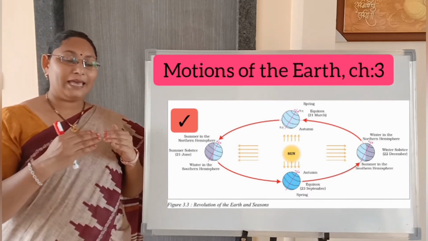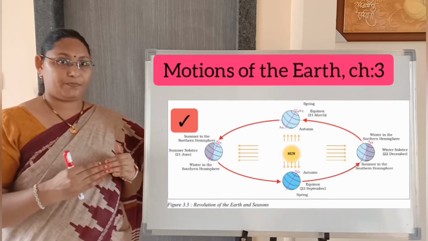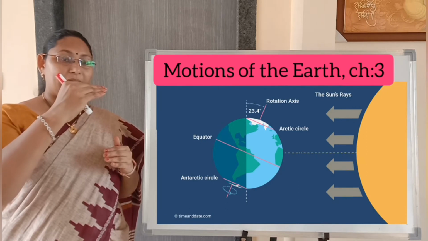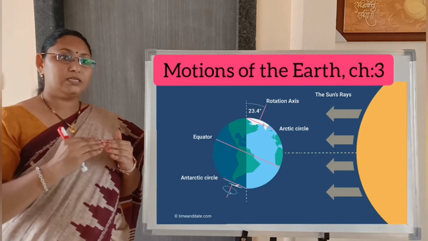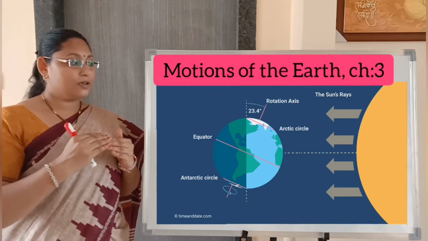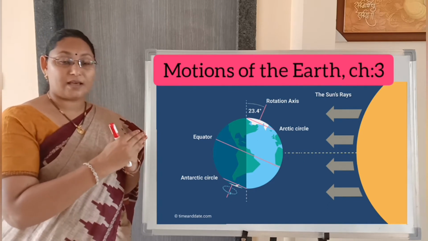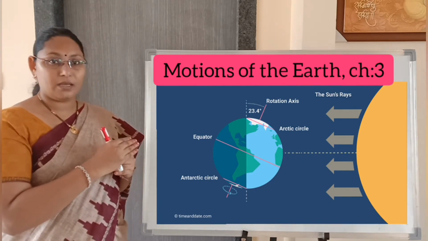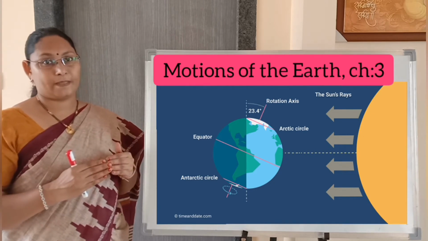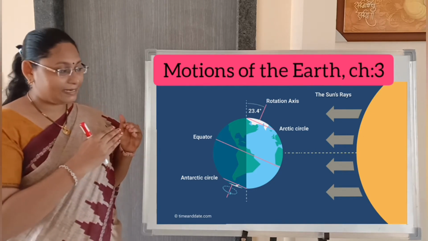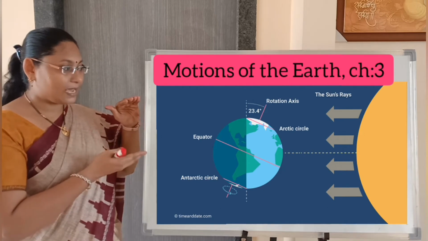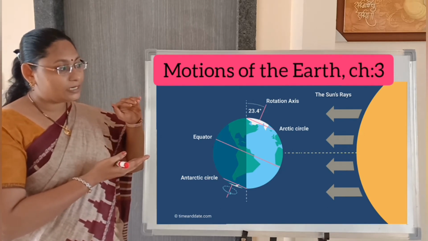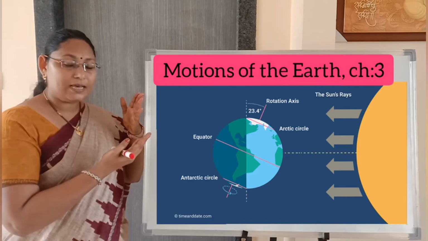The areas of the northern hemisphere, Tropic of Cancer, Arctic Circle and North Pole, will get much of the sun's heat. So this is summer in the northern hemisphere. Why? Because at that time the northern hemisphere of the earth is slanted towards the sun.